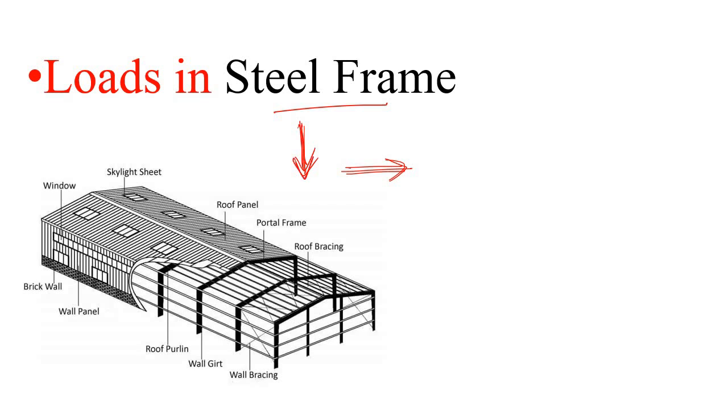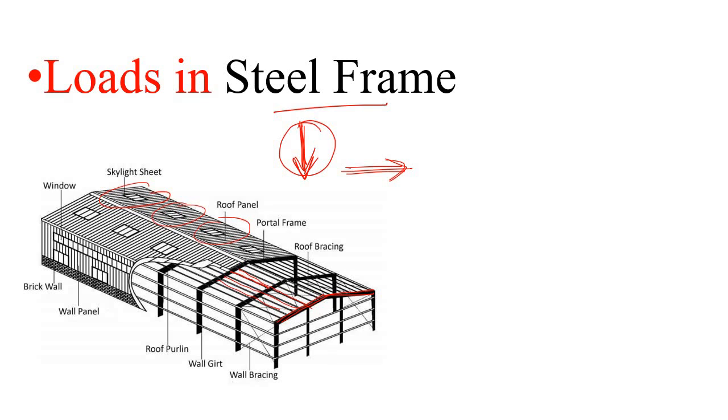Let's say the weight of all this sheeting. The sheets rest over all these secondary beams, here you can see, or the purlins, and the secondary beams or purlins rest over this primary beam or rafter, whatever may be the term. So the vertical loads are carried by the secondary beam and primary beam.